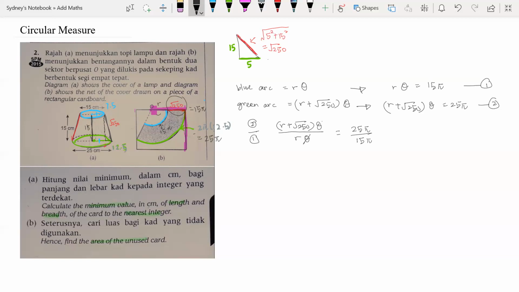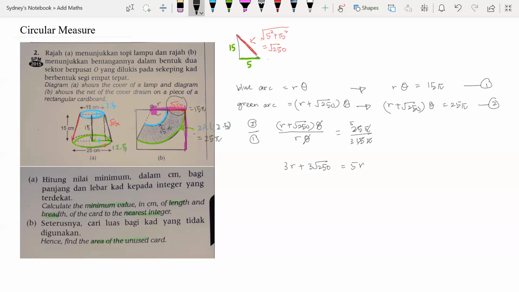And we can simplify the theta away, and we simplify the numbers away. We have 5 over 3, okay? And then we cross multiply the whole thing. So we will have 3R plus 3 times square root of 250 equals to 5R.